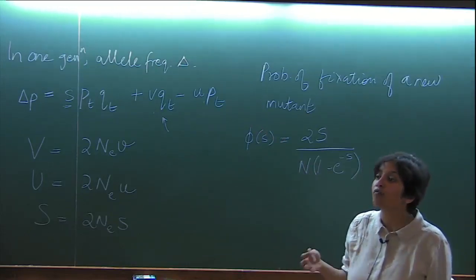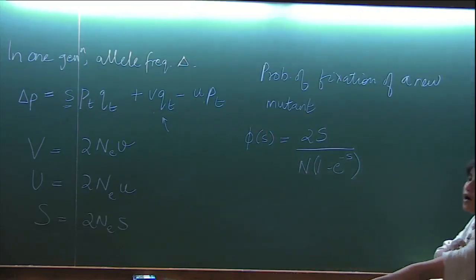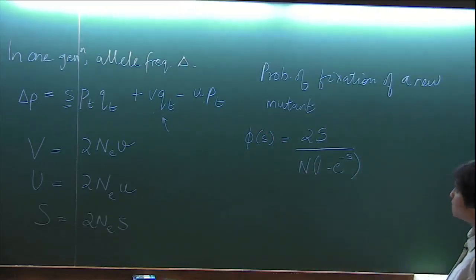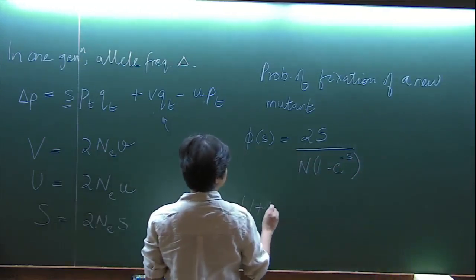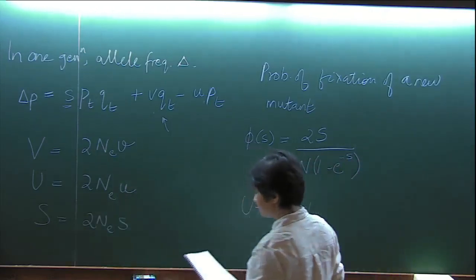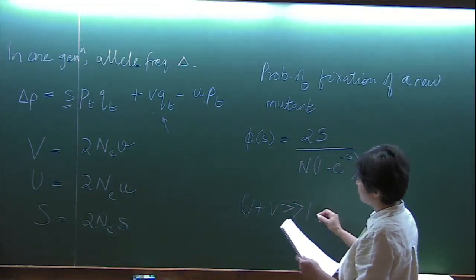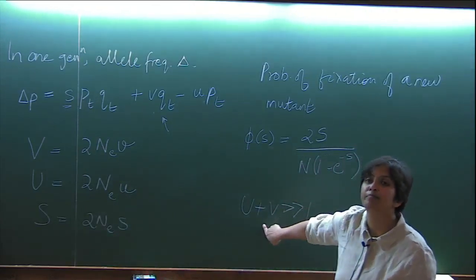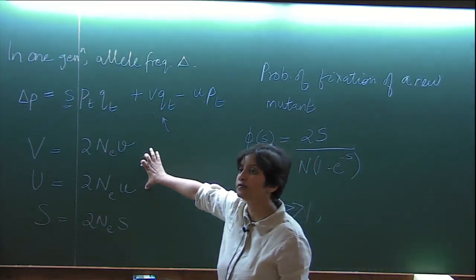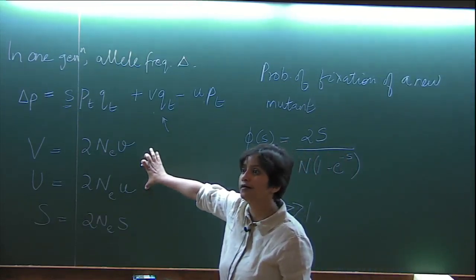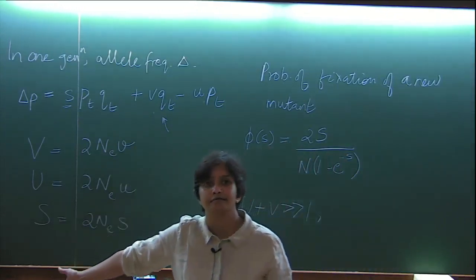And I want to go over some take-homes from this kind of relatively simple modeling that he's done. So in a large population, when u plus v is much bigger than 1, what does that mean if u and v are much larger than 1? These are the values of u and v. What does that imply?